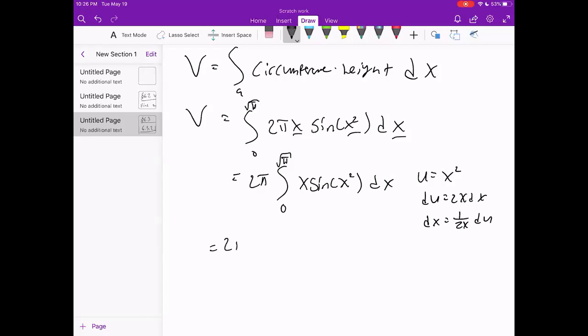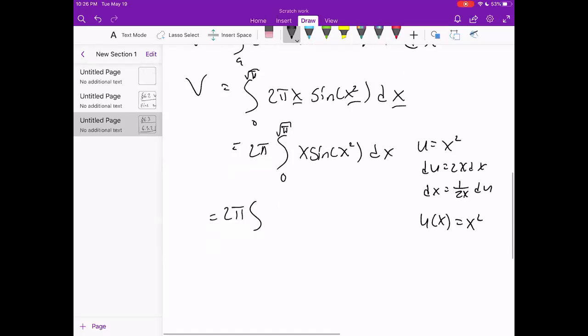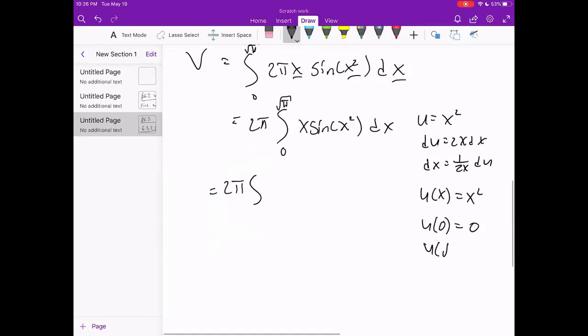So this is 2 pi times the integral, and I'm going to change my bounds. u of x is x squared, so u of 0 is 0, and u of the square root of pi is the square root of pi squared, which is pi.